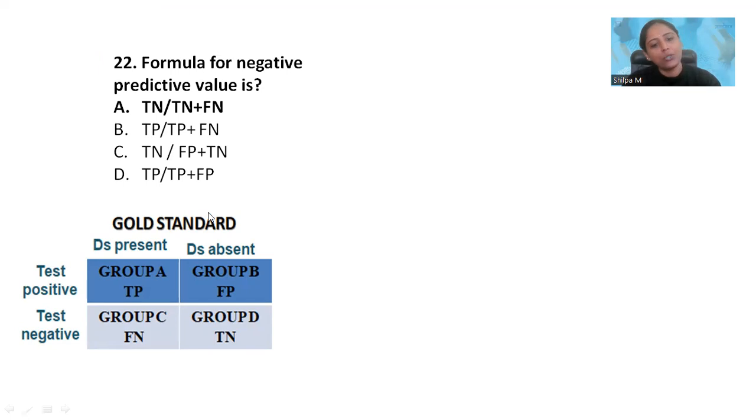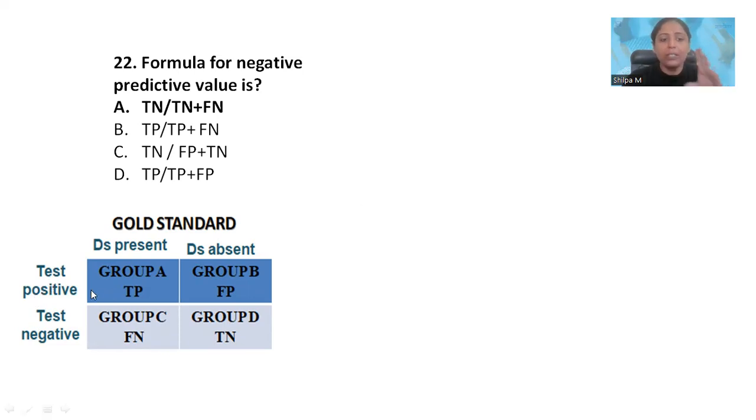Just to show this 2x2 table to you, you have a screening test and you have a gold standard. Suppose your screening test is an exfoliative cytology of a swab that you took from inside the cheek for screening oral cancer. Just as an example, I'm telling you.